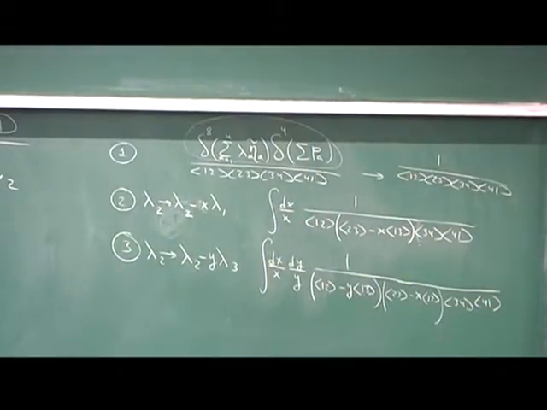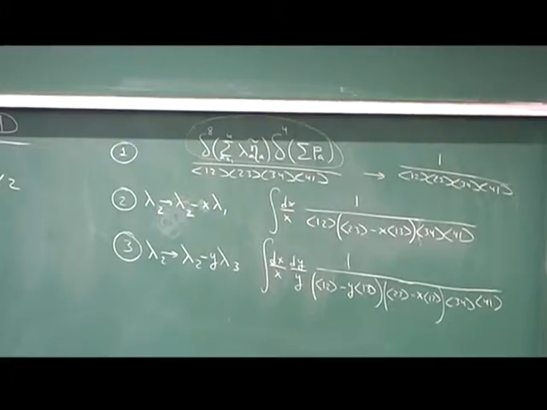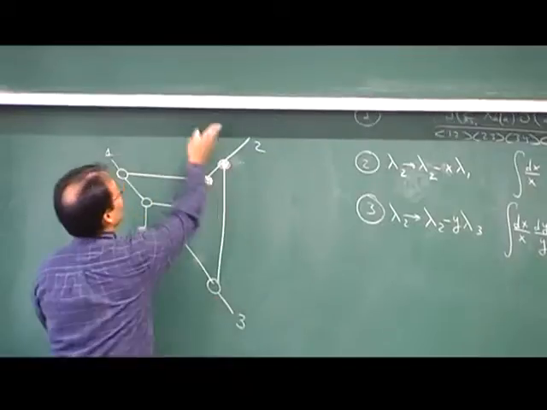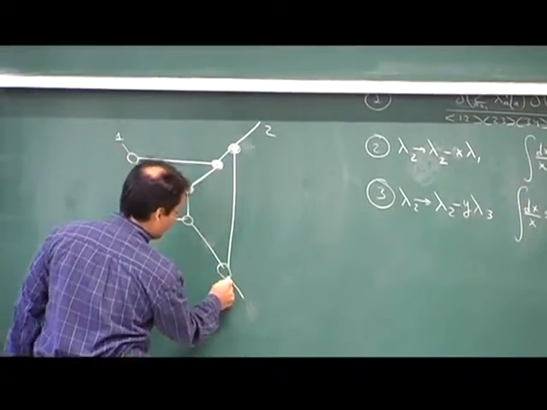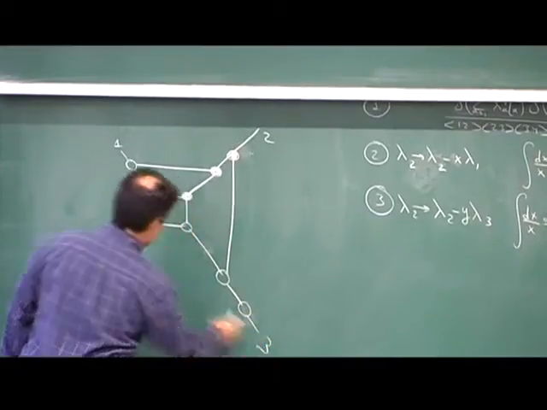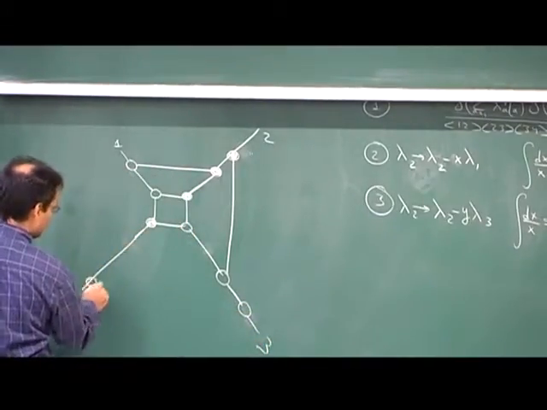Okay? Now you can complete the dots, right? So what's the next step in the pattern? Well, the next step is to attach another BCFW bridge here and here.